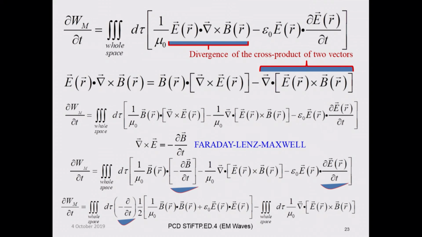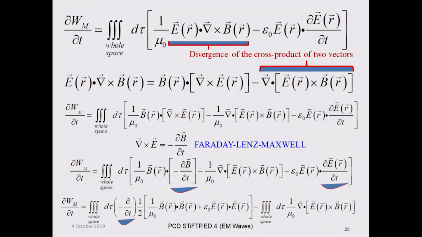Okay? And because of that factor 2, you have a half factor which is coming in common from the first and the third term, which I put together in the last equation. All right. So, in the first volume integral you have got a factor of half. You see where it is coming from? It is coming from the time derivative of B dot B. So, you get B dot del B by del T plus del B by del T dot B, which is the same.